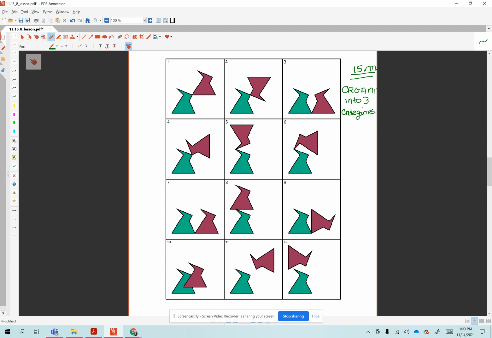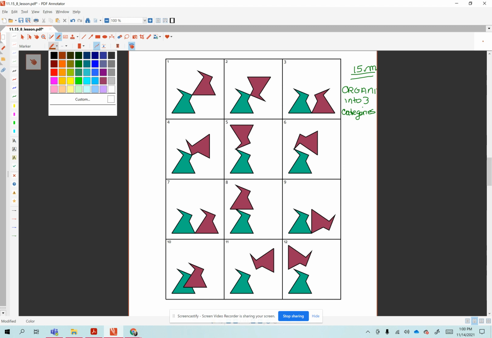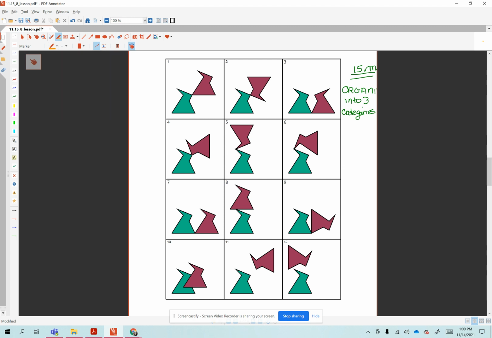Okay, let's talk about what you've come up with. We've got these categories. I think we definitely want to color code them a little bit, so let's get the highlighter and use some fall colors.